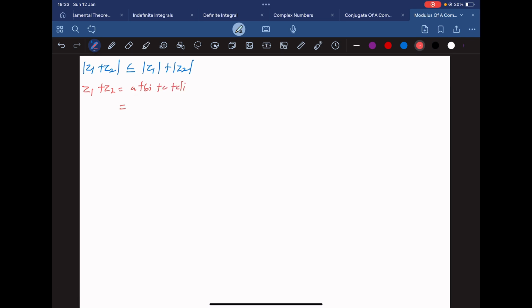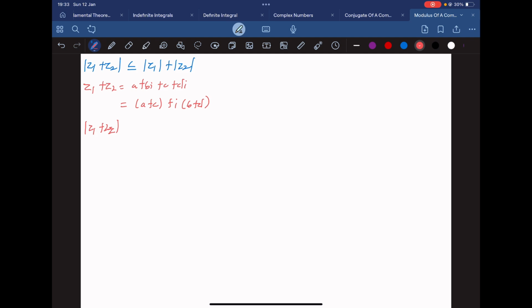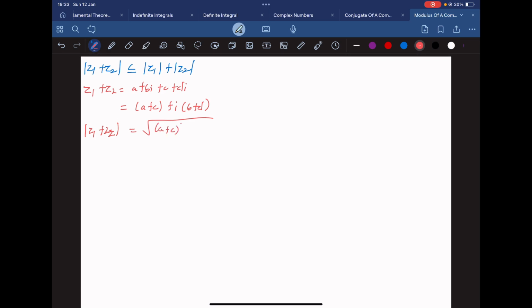And if we group the reals and the imaginaries, you're going to have a plus c, then plus i over here, b plus d. So in that case, if you find the modulus of z1 plus z2, this is going to be equal to the real part squared, then plus the imaginary part also squared.